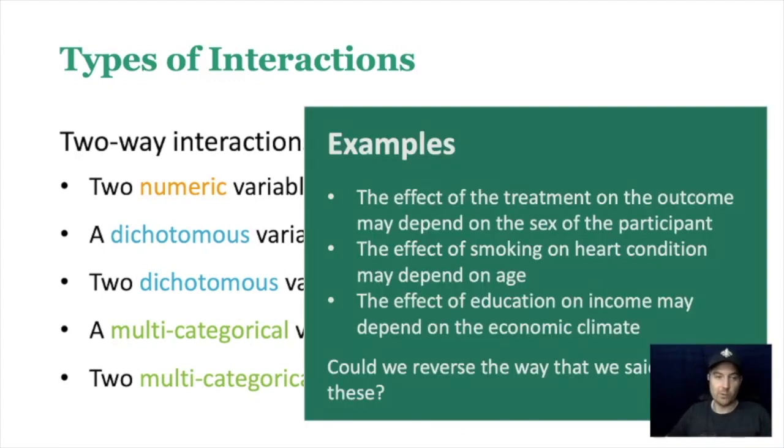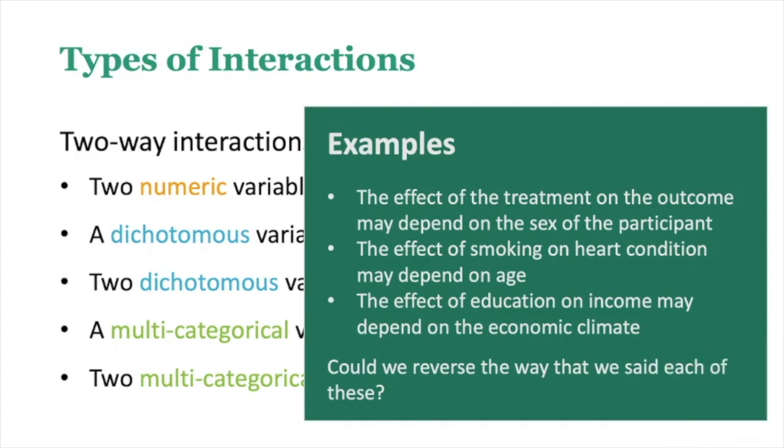So here's some examples. The effect of the treatment on the outcome may depend on the sex of the participant. So depending on the levels of treatment, maybe we just have treatment and control. And then sex, depending on how we measure that, maybe male, female, and non-binary.